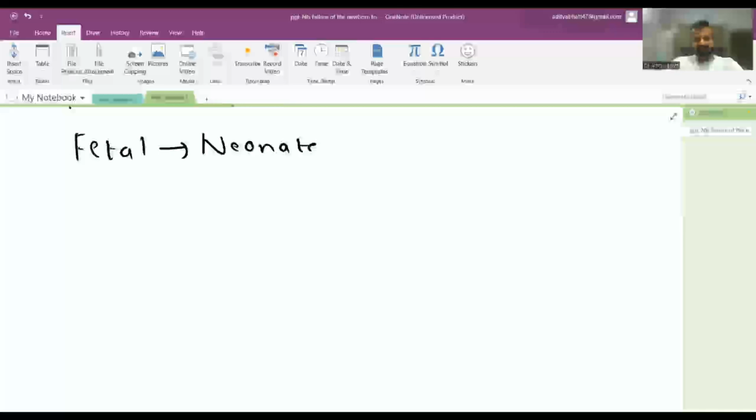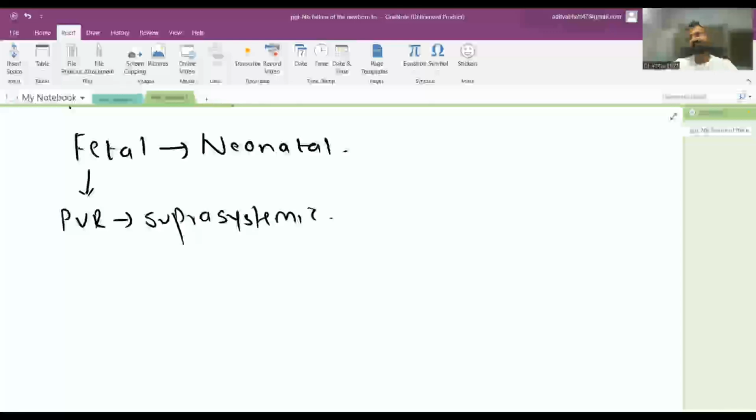In fetal circulation, pulmonary vascular resistance is suprasystemic. It is more than the systemic resistance. It is not lesser than systemic circulation, because we need the shunting to occur.